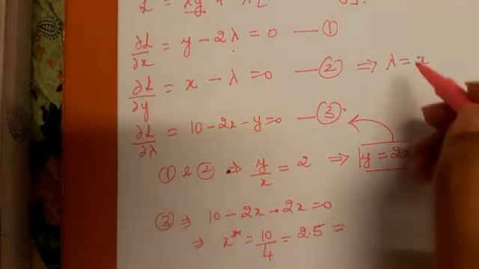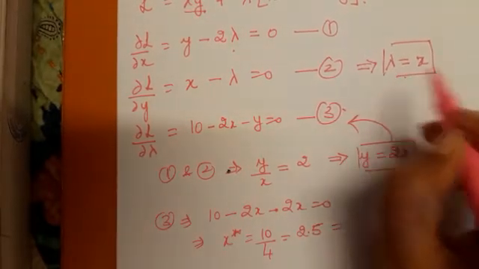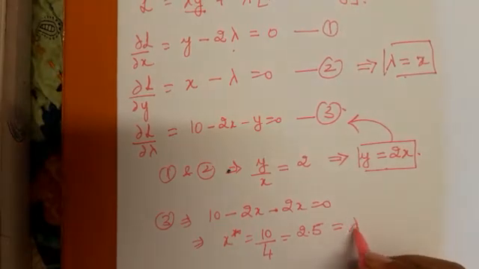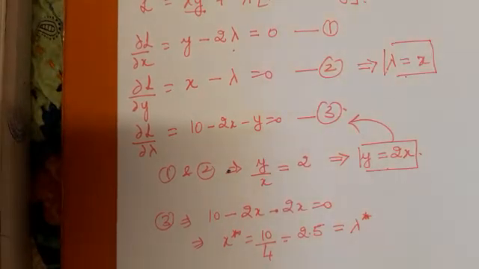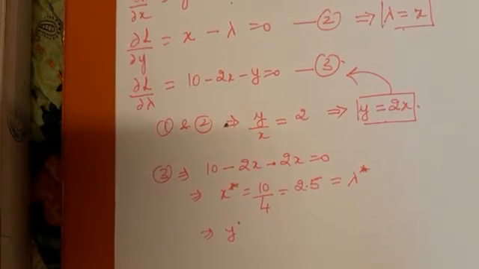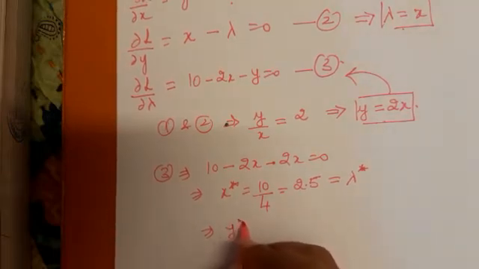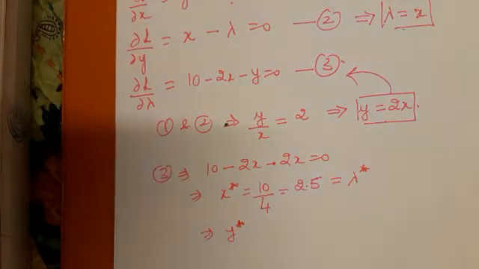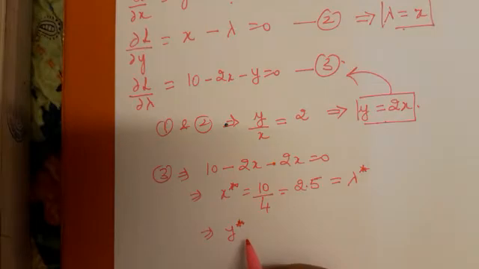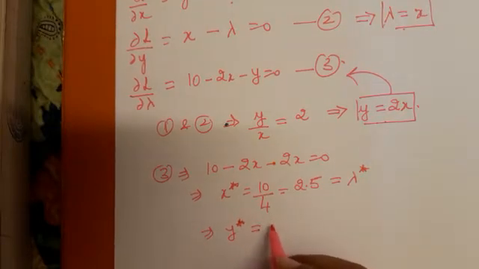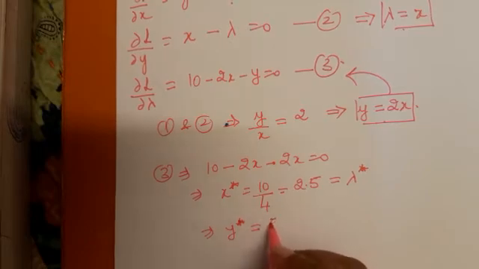And by this condition here, lambda has to be equal to x. So that has to be equal to lambda star. And this then implies that y star, in equilibrium, must be equal to 2 times x. So that's going to be equal to 5.